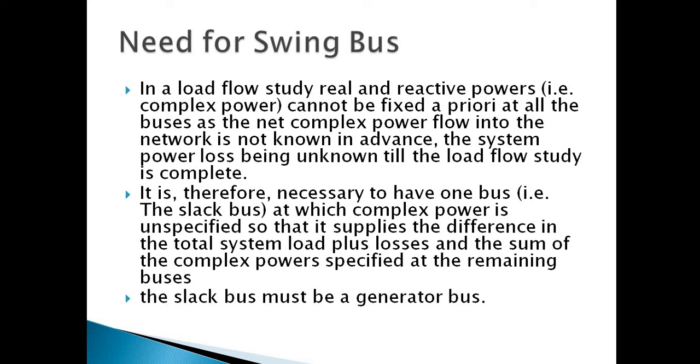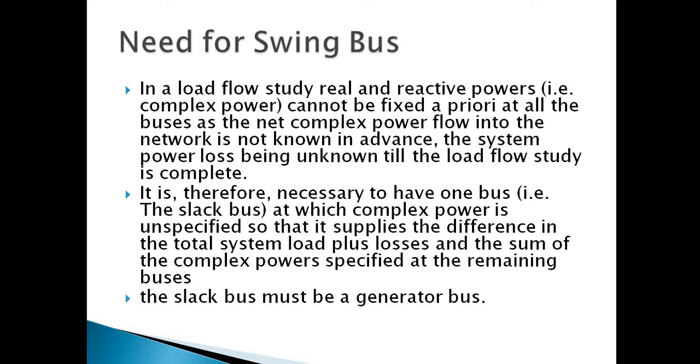Since the total power flow is not known, we cannot know every power transfer at every node, because this equation is non-linear. In order to adjust our equation, one bus should be there to compensate for that.